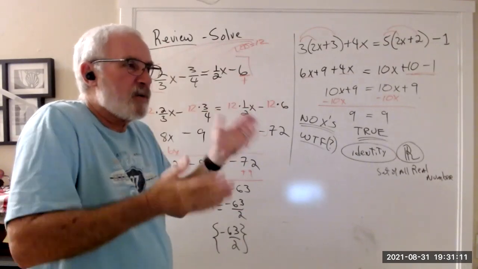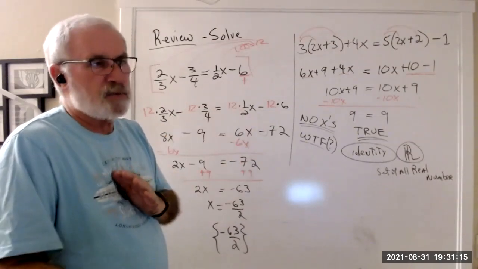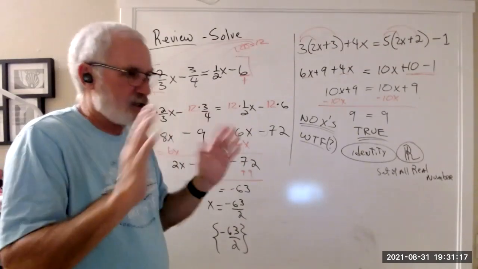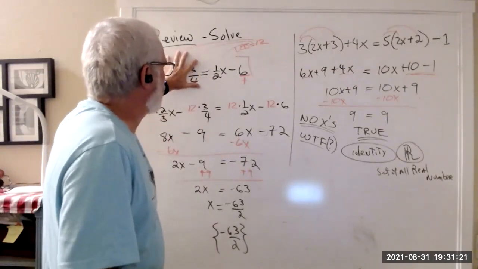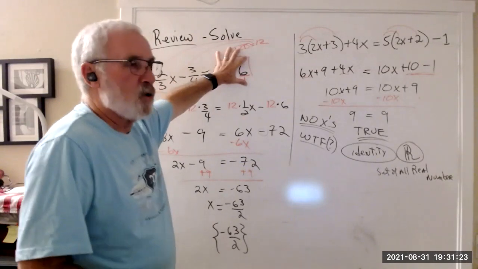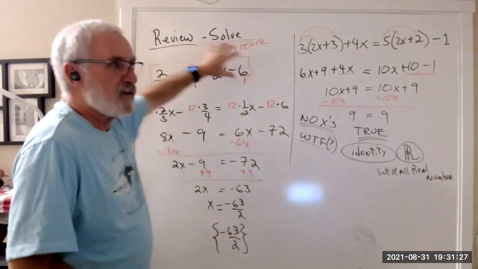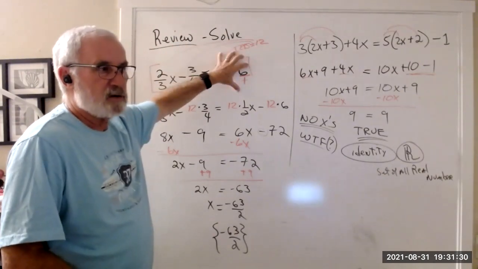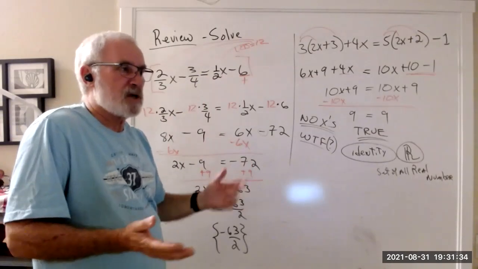We already know that as long as we do something to one side of an equation and do the same thing to the other side, that's okay. We're safe. So as long as we multiply this side by 12 and this side by 12, we're okay. We could have multiplied this side by 5 and this side by 5. That doesn't matter because you're doing the same thing to both sides.